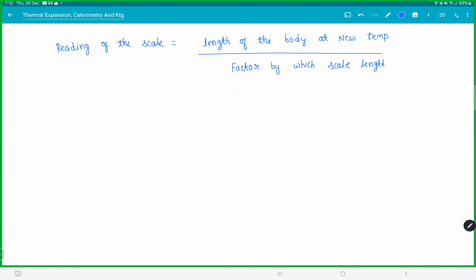Factor, huh? There, you can remember this. This would be a more general result.